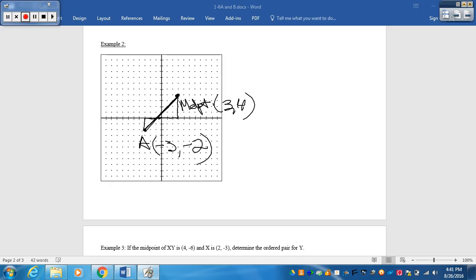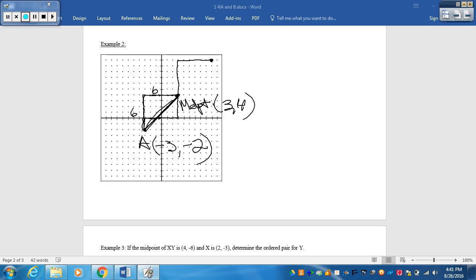So if I'm going to go from A to the midpoint, I can just count the slope. 1, 2, 3, 4, 5, 6. 1, 2, 3, 4, 5, 6. So we got 6 here, 6 here. If I continue in that same slope, 1, 2, 3, 4, 5, 6. 1, 2, 3, 4, 5, 6.